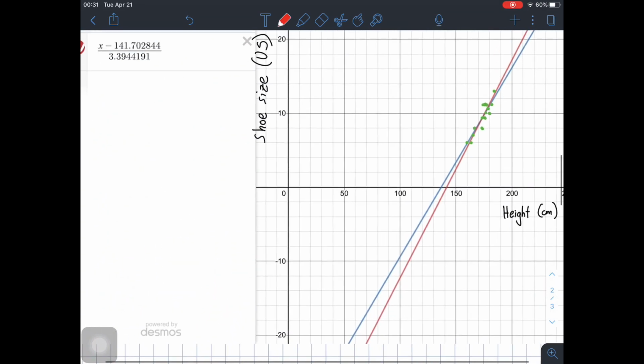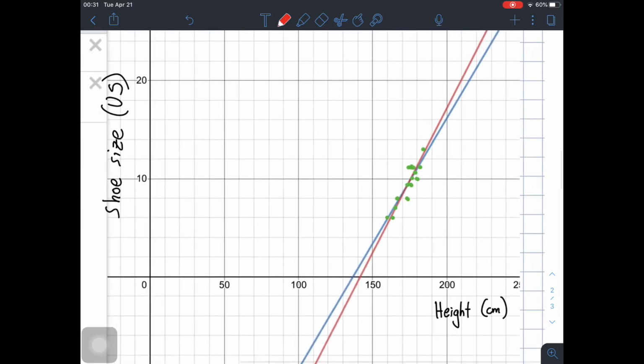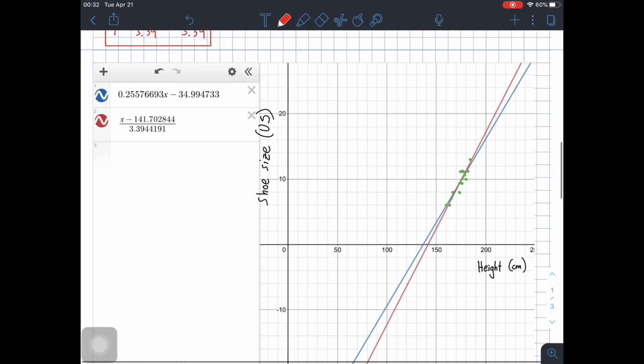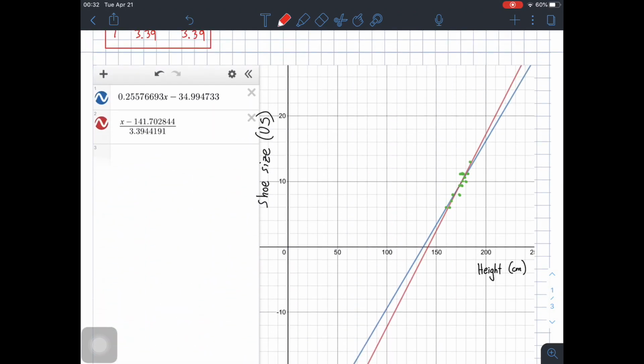Maybe we'll get, again, kind of the same answer, because you see, if we go to 7.5 in shoe size, 2, 4, 6, 8, somewhere around here, you see that both lines are very, very close together during this interval over here.